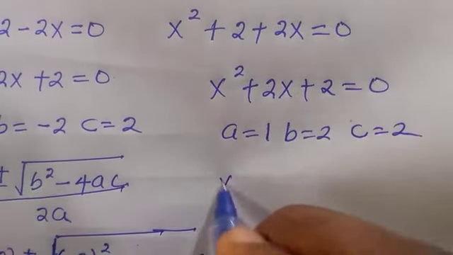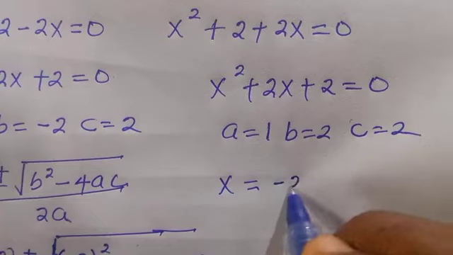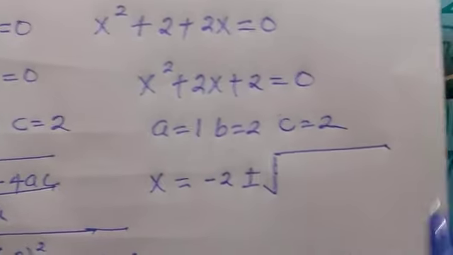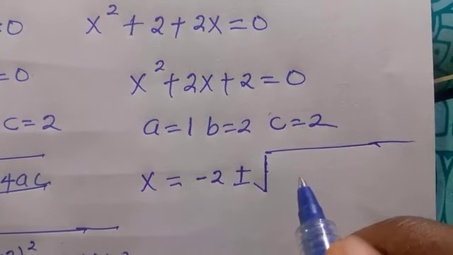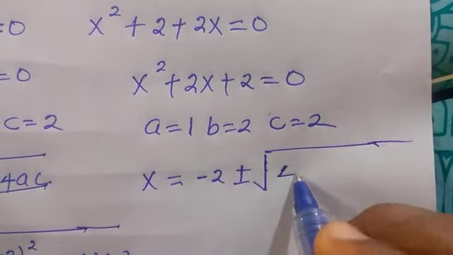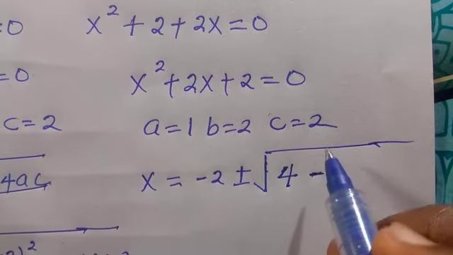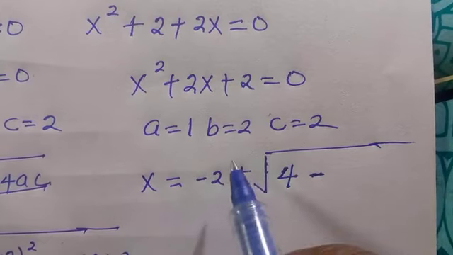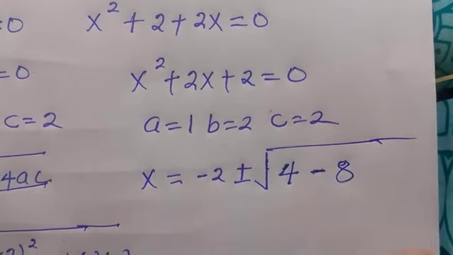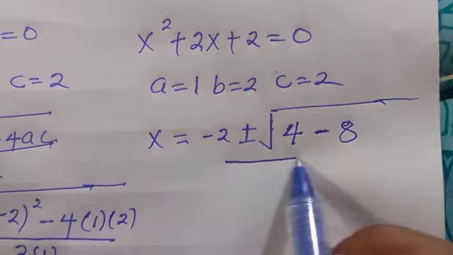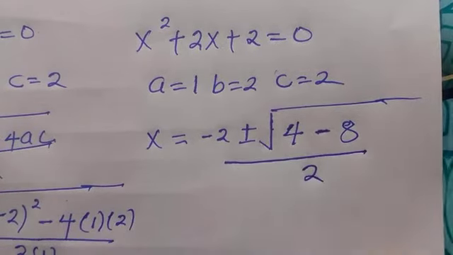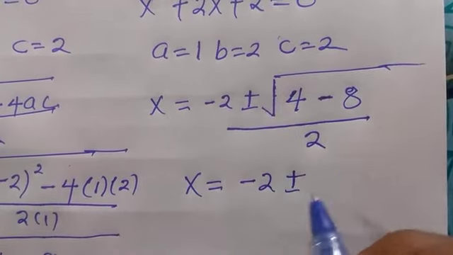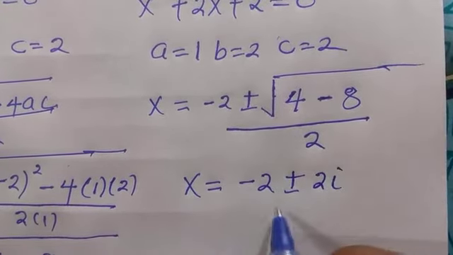By plugging it into the quadratic formula, we have minus 2 plus or minus the root of b squared, which is 4, minus 4 times a times 2, which is 8, then everything divided by 2, so the whole result becomes x equals minus 2 plus or minus 2i divided by 2.